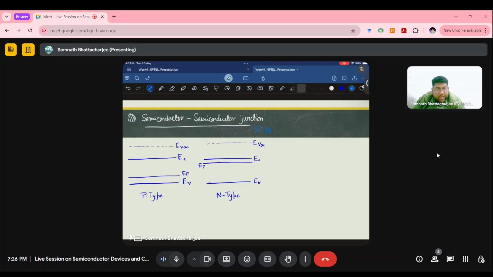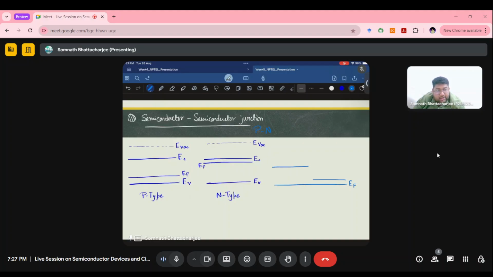Now, if we make the semiconductor junction, first we need to align the EF. Then based on that, we need to draw the EC. In the first case, the EC would be higher, as it was higher in this case. And for this case, the EC would be lower here.